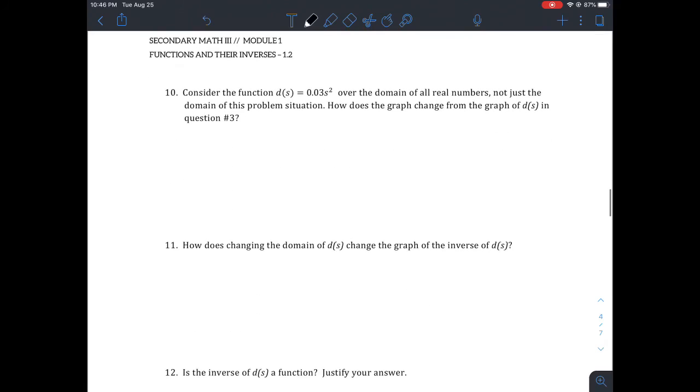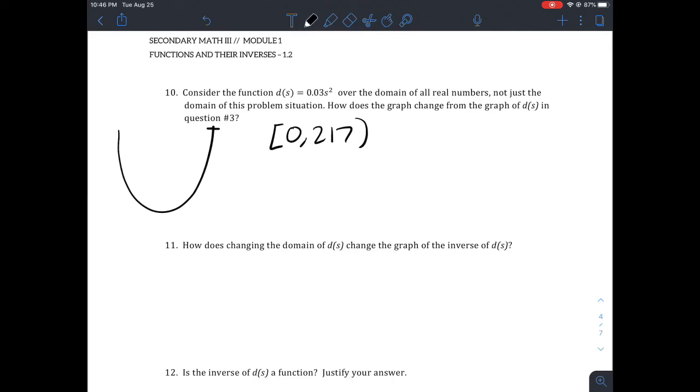All right, we're almost there. Last one. Consider the function d of s equals 0.03s squared over the domain of all real numbers, not just the domain of this problem situation. How does the graph change from the graph of d of s in question number 3? All right, so what they're asking here is, if you think about the domain of this function, they told us that the domain was 0 and 217, right?